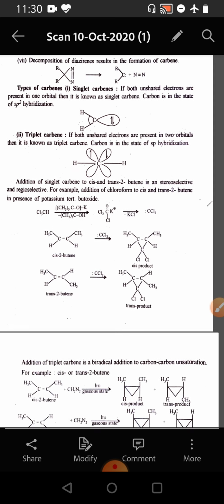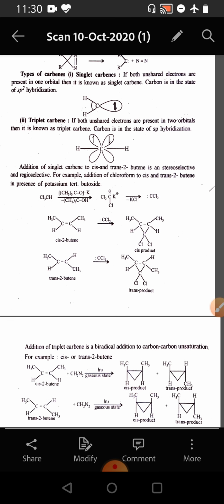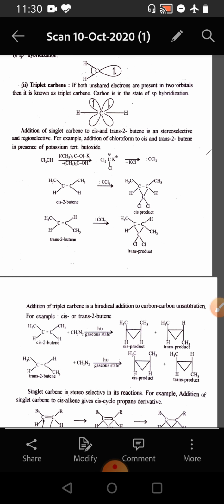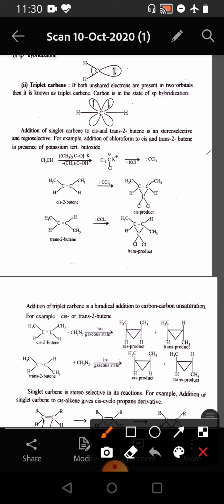Addition of singlet carbene to cis and trans 2-butene is stereospecific. For example, addition of chloroform to cis and trans 2-butene in the presence of potassium tert-butoxide. Cis 2-butene adds carbene CCl2 to form the cis product, and trans 2-butene adds CCl2 to form the trans product.